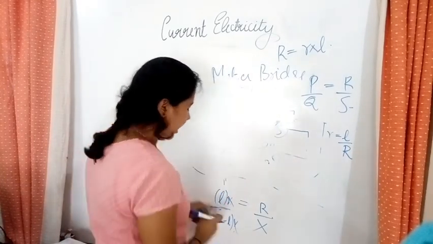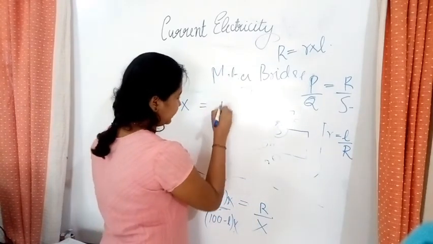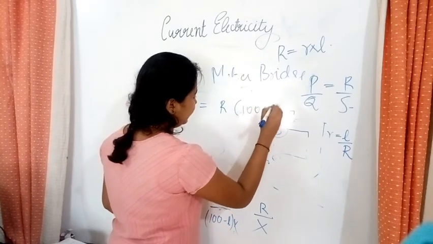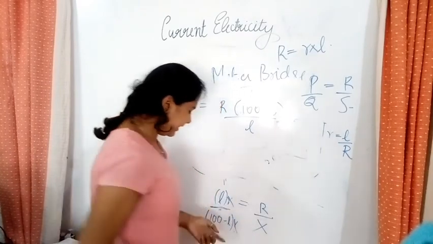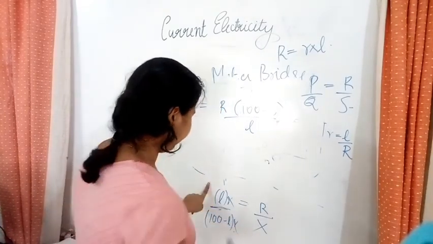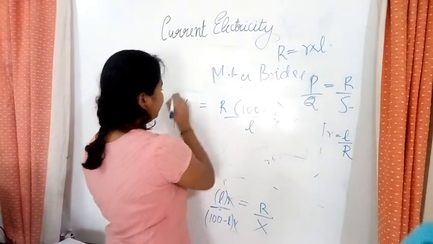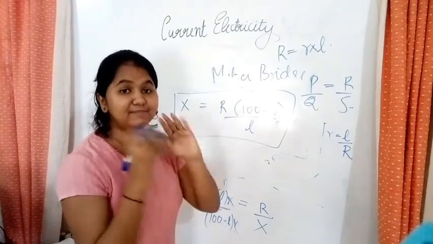So how would you write it? X is equal to R into 100 minus L, divided by L. Am I right? X would come here, this would go there. So we have found out the unknown resistance in the meter bridge.